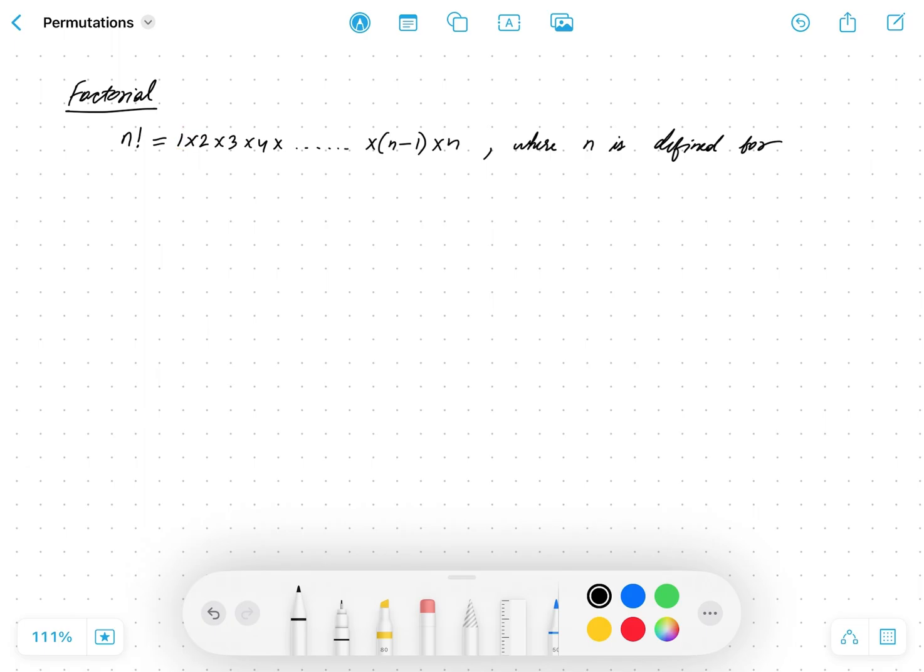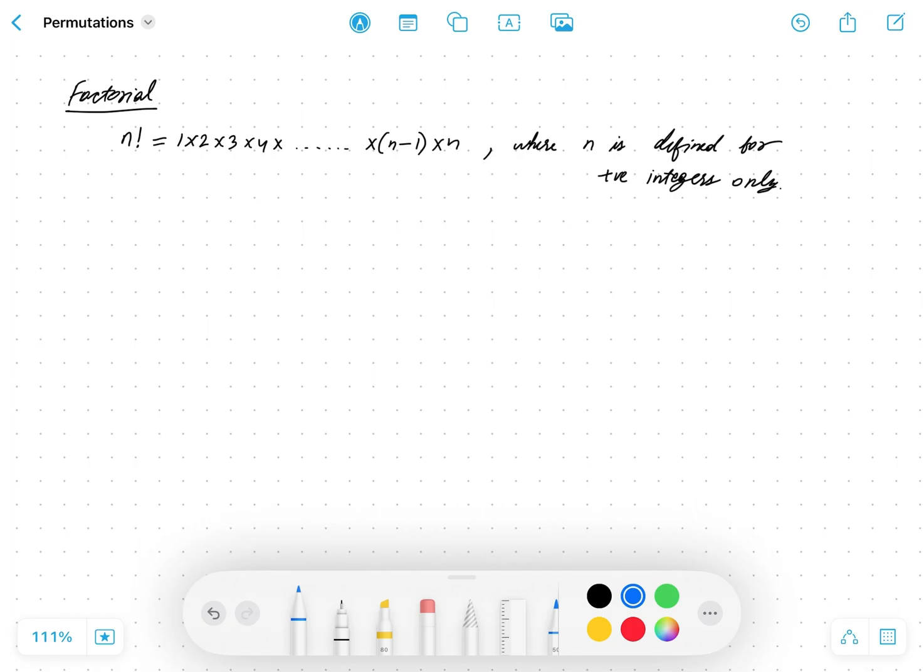for positive integers only. Okay, I know you still have confusion, so let me clear it with some examples.